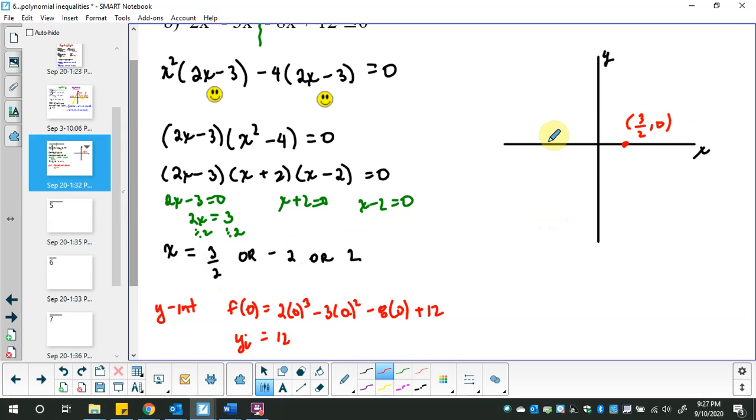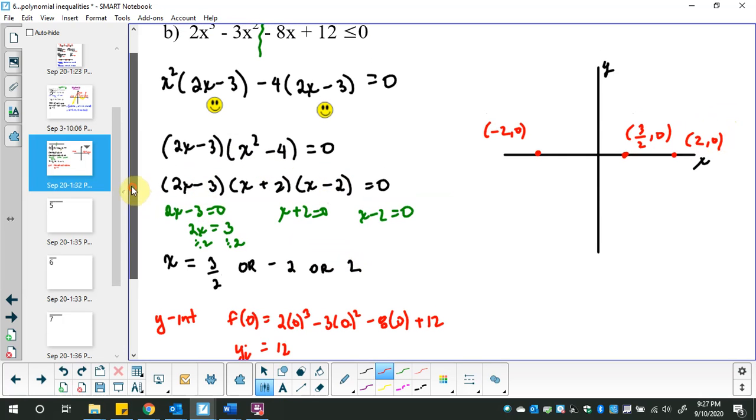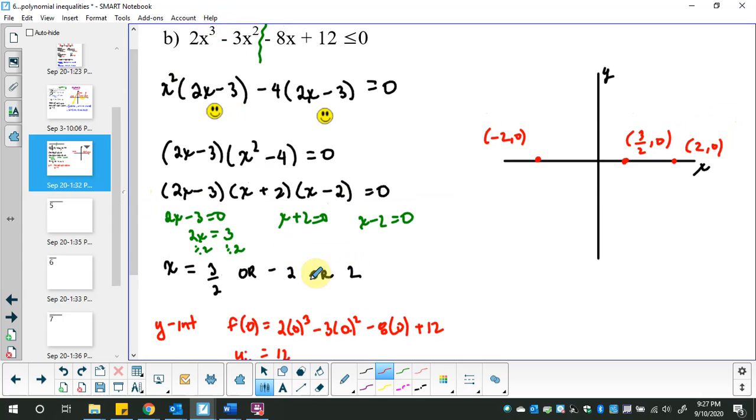I have negative 2, and I have 2, not to scale. None of them are double roots. None of them are points of inflection, because we had 3 distinct brackets for a degree 3 question. And then my y-intercept is positive 12. And this is a positive degree 3, so no surprise that we have that very, very popular N shape.